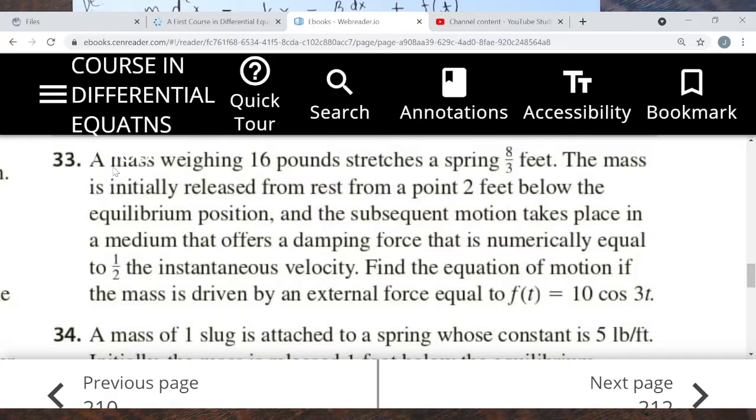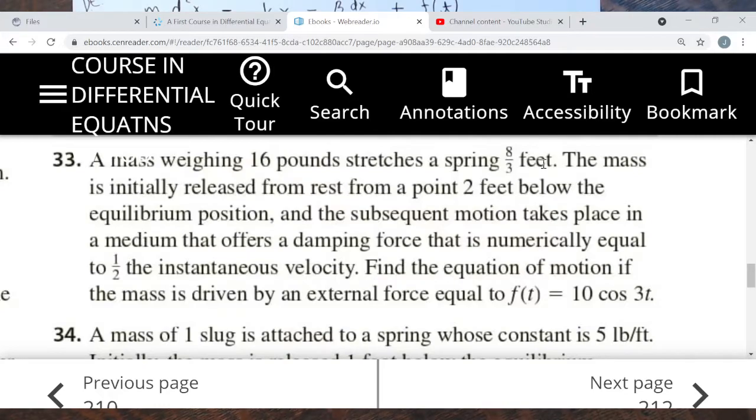So a mass weighing 16 pounds stretches a spring 8/3 of a foot, 2 2/3 feet. This sentence here is going to enable me to find the value of k, the spring constant, using Hooke's law, but we'll get to that in a second.